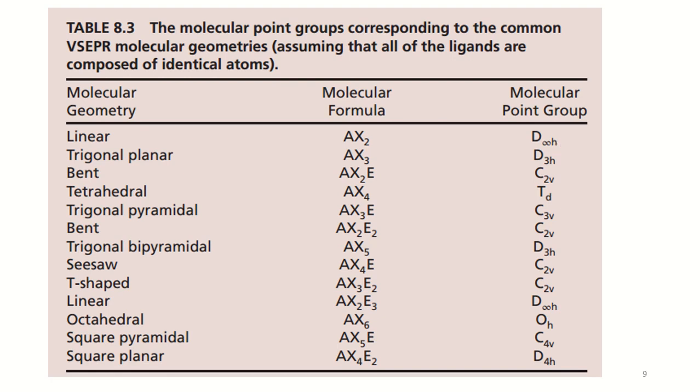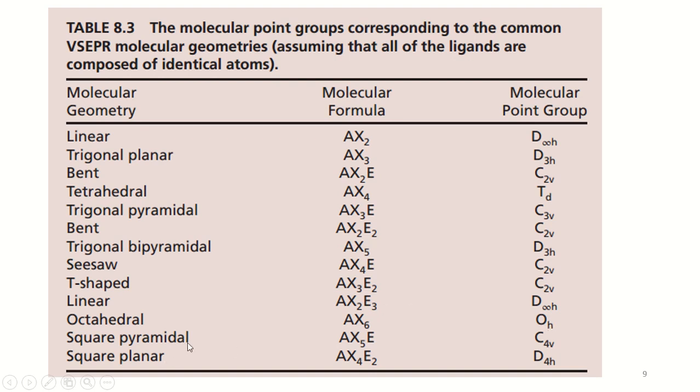If the geometry is octahedral with molecular formula AX6, it means A is the central atom and X are the same ligands. If, for example, A is sulfur and X is fluorine, SF6, then the molecular point group should be Oh.